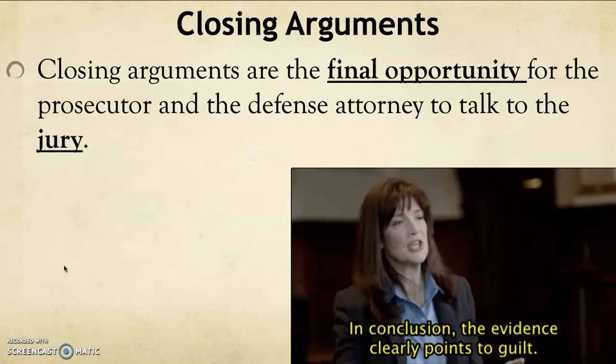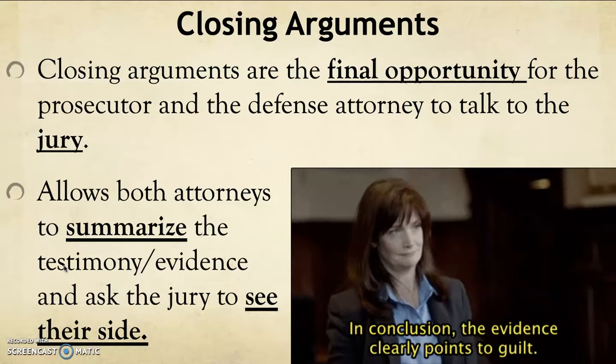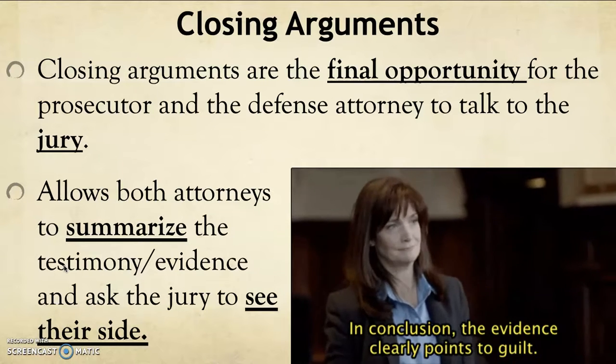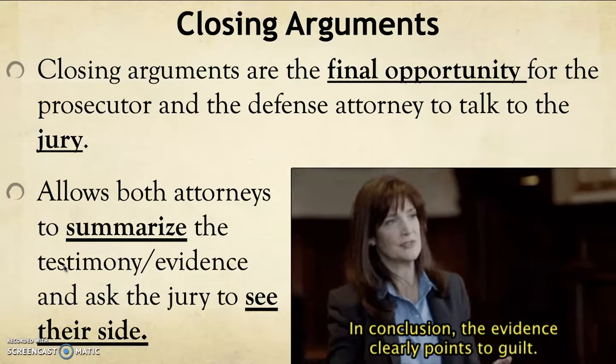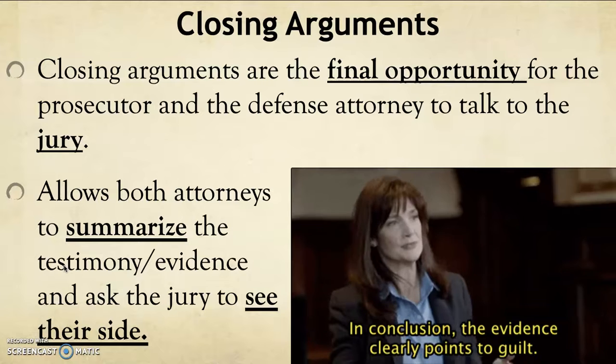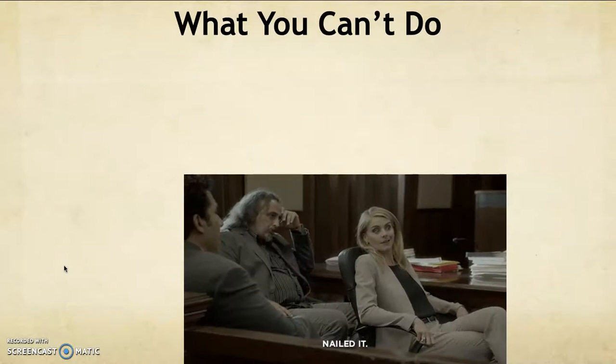It's your last impression on them, right? So you're going to summarize everything you've heard throughout the trial that helps your side, and you're going to kind of end it by asking the jury to go in your favor. You're not going to ask outright, but it is your last plea to have them choose your side.